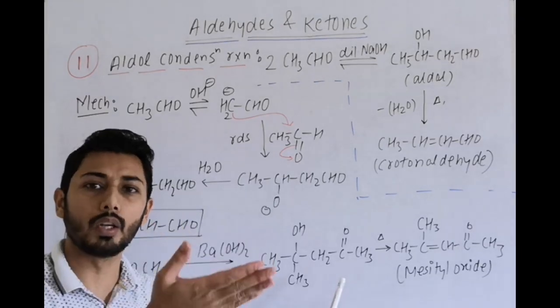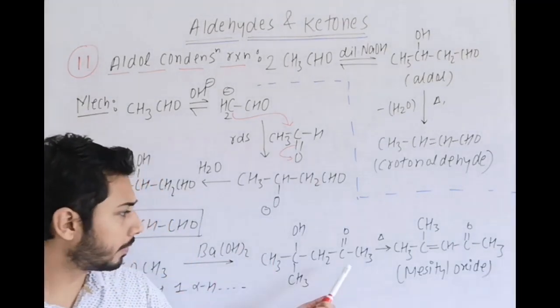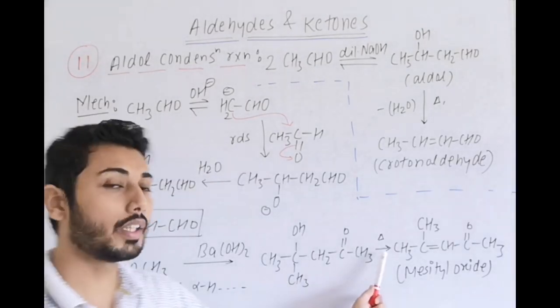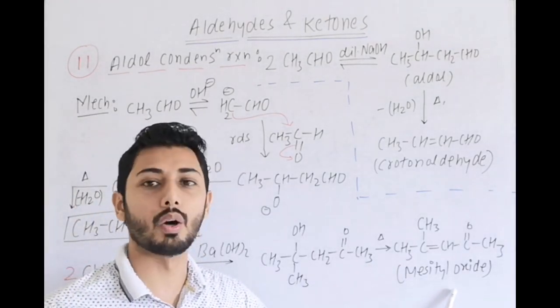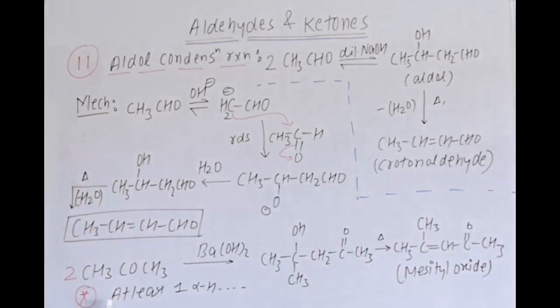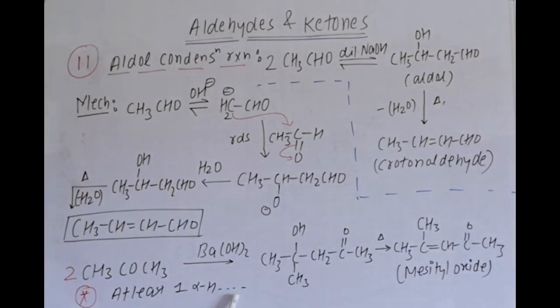Generally we use the term aldol, but we can also say ketol. So this is the aldol reaction, and after dehydration we get mesityl oxide. This is a very important reaction, with the condition that at least one alpha hydrogen should be present on the aldehyde or ketone, and in dilute alkaline medium they undergo the aldol condensation reaction.